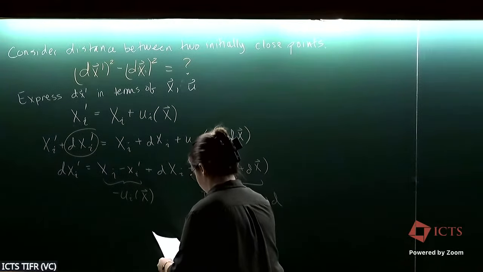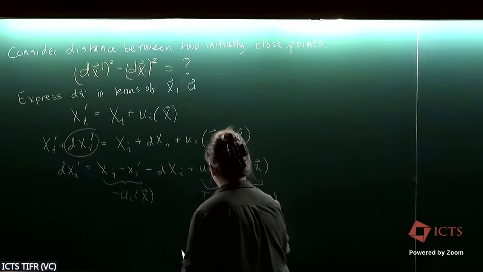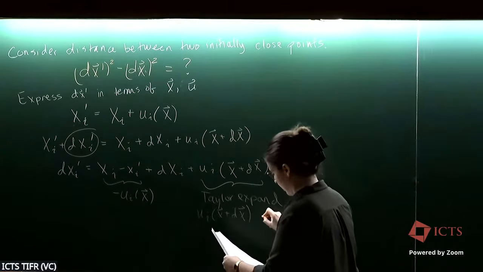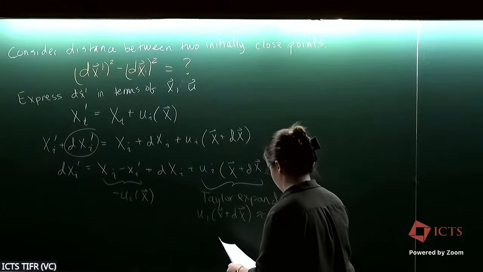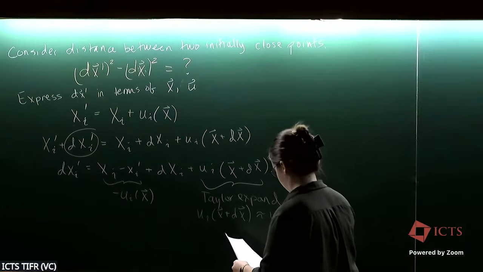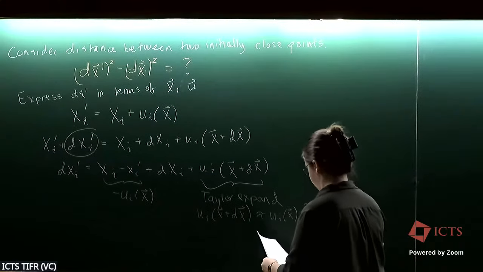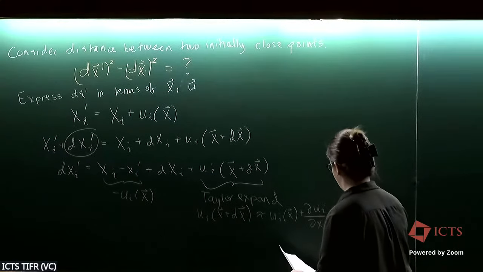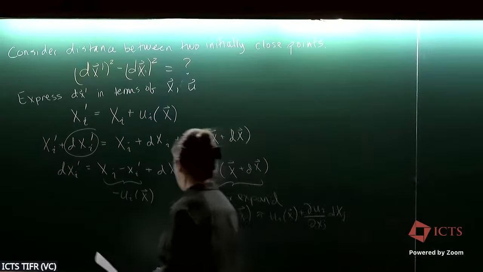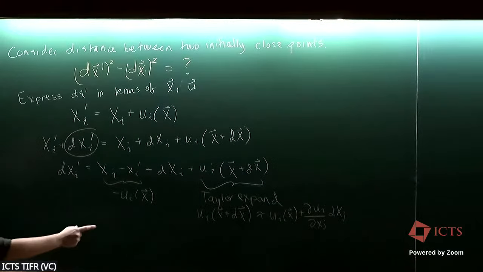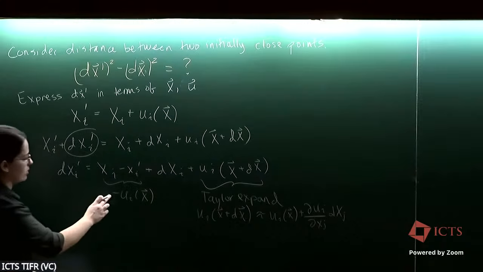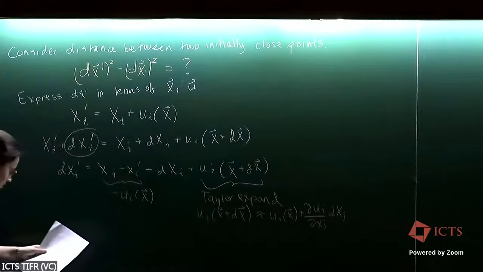And the Taylor expansion that we're going to do in particular is u_i(x + dx) is approximately u_i(x) plus partial u_i partial x_j dx_j. Now plugging this in, you see it's very nice because we're going to have some nice cancellations.